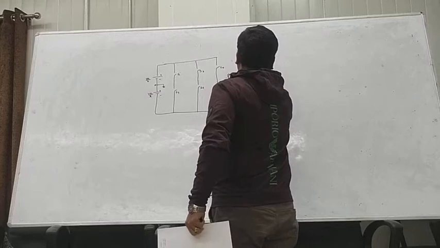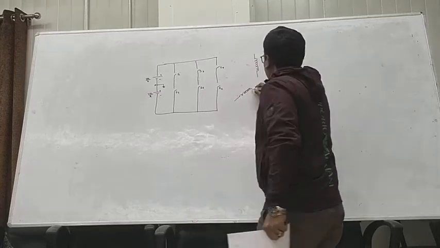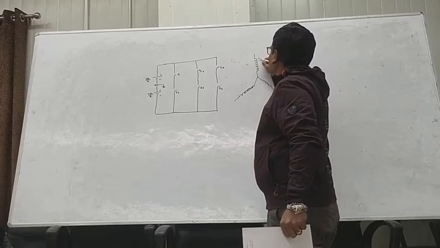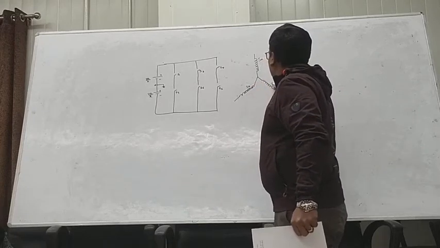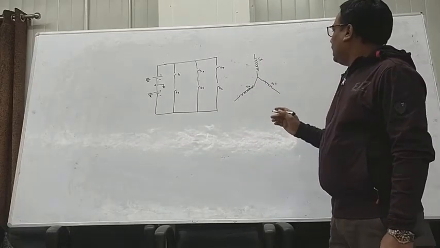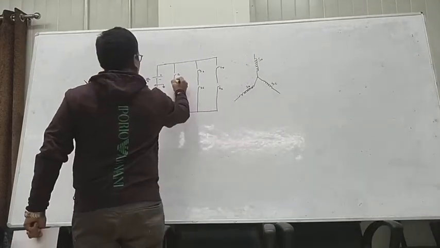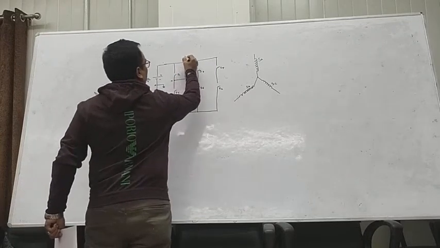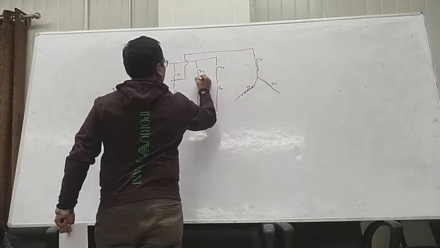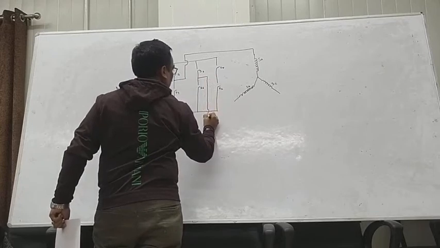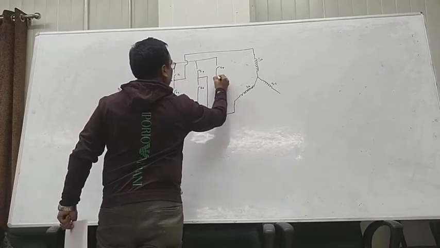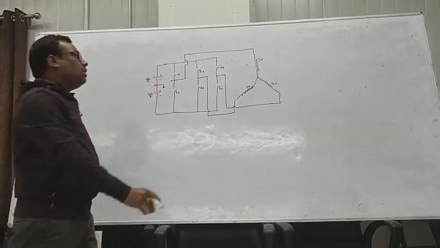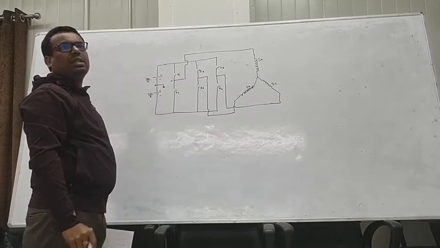And this is the three-phase winding induction motor. For example, this is phase A, phase B and phase C, with stator windings SA, SB and SC.